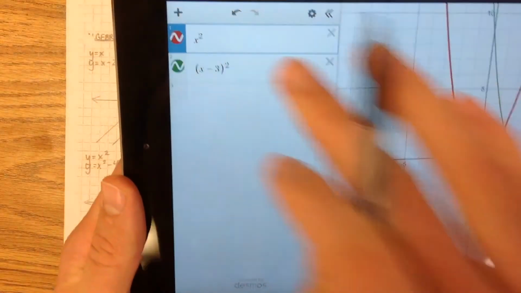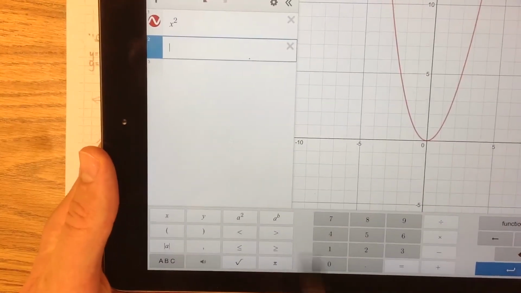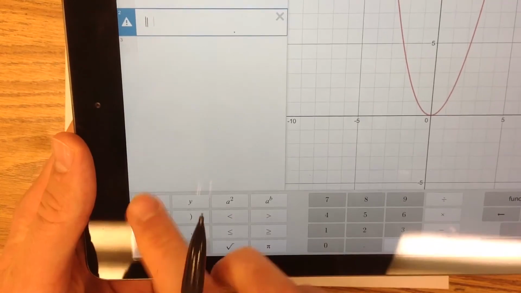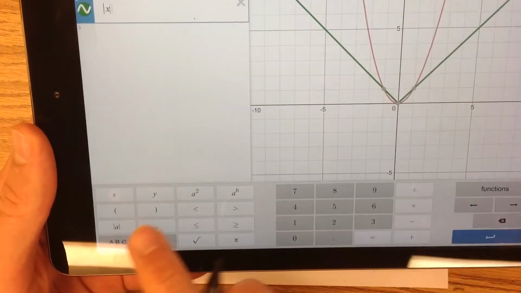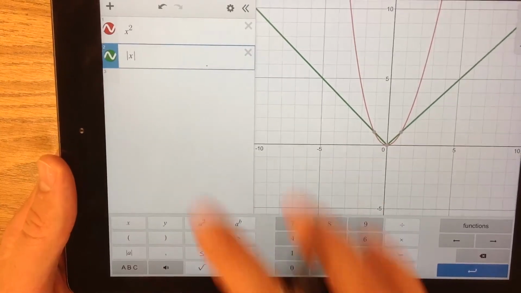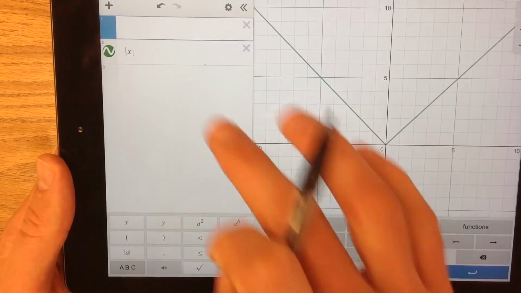Absolute value on Desmos can be found right here. So that's absolute value of x. Looks like that. Absolute value of x. I'll get rid of that. So yeah, absolute value of x.